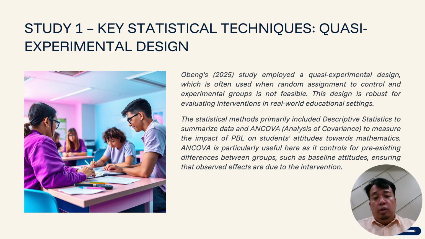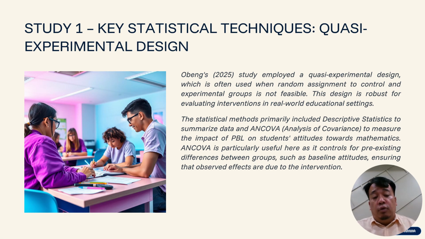In study 1, Obeng used a quasi-experimental design. This means that the researcher compared two groups, one receiving the PBL intervention and one that followed traditional teaching methods, but without random assignment. To analyze the data, they first used descriptive statistics to summarize student responses. Then, they used a statistical method called ANCOVA, analysis of covariance.